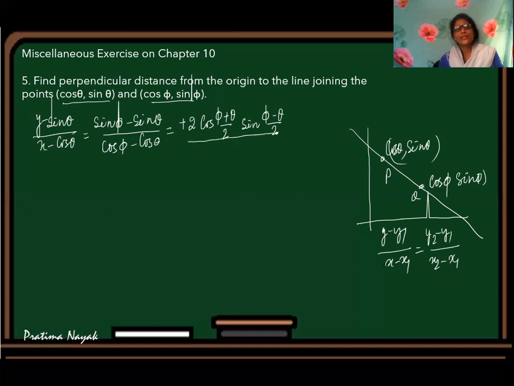And the denominator, cos C minus cos D, will be minus 2 sine of (theta plus phi) by 2 into sine of (phi minus theta) by 2. So let me cancel it. So what I'm getting is cos of (phi plus theta) by 2 over minus sine of (phi plus theta) by 2.